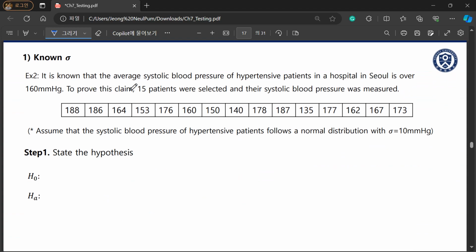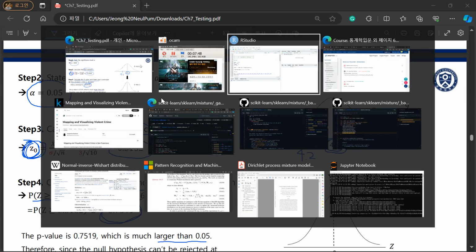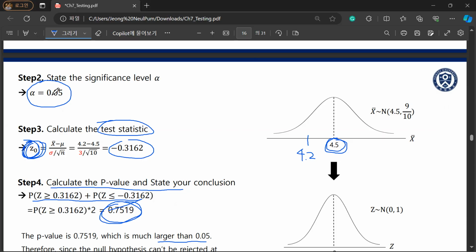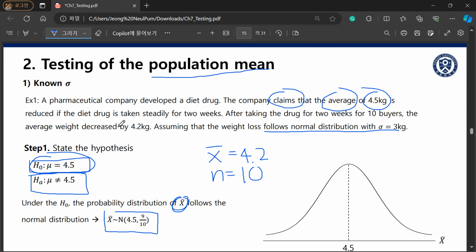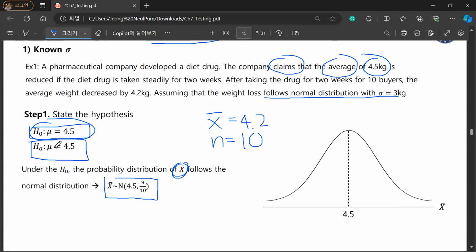I also prepared some code for doing the hypothesis testing. There is actually not much programming here, because this is all about theory, which is hypothesis testing.